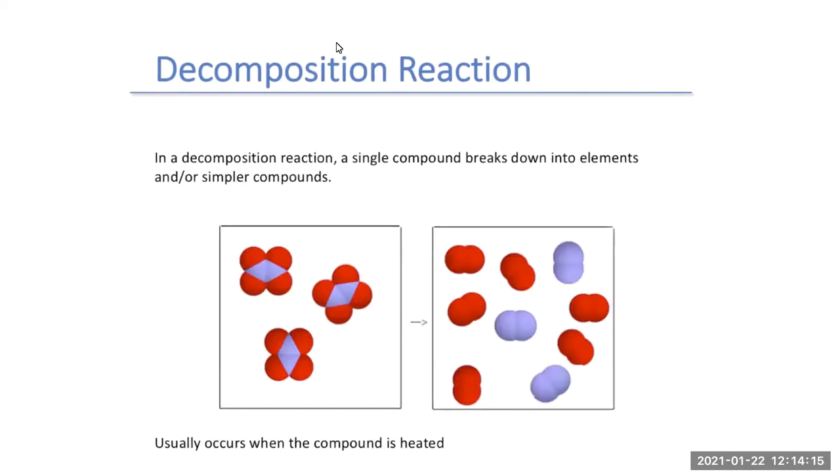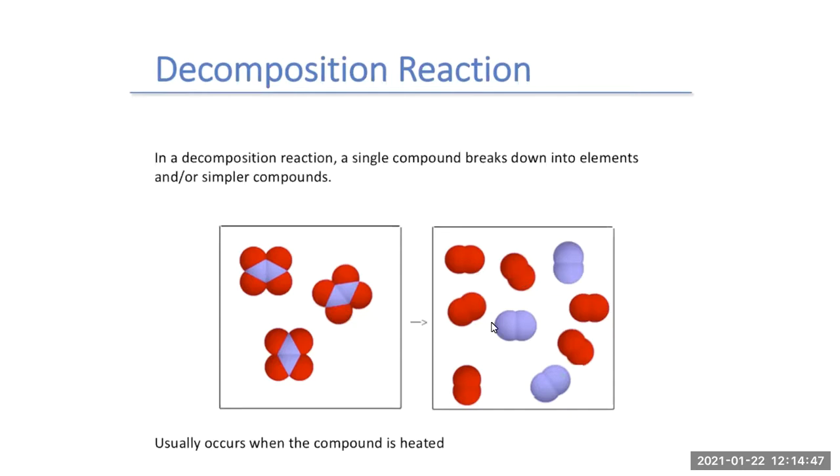First, we'll look at a decomposition. In a decomposition reaction, a single compound breaks down into its elements or simpler compounds. So this usually occurs with heat. And so you can see here, we have a compound that contains 4 red atoms and 2 purple, and then decomposes into just 2 red atoms and 2 purple, and another 2 red atoms.